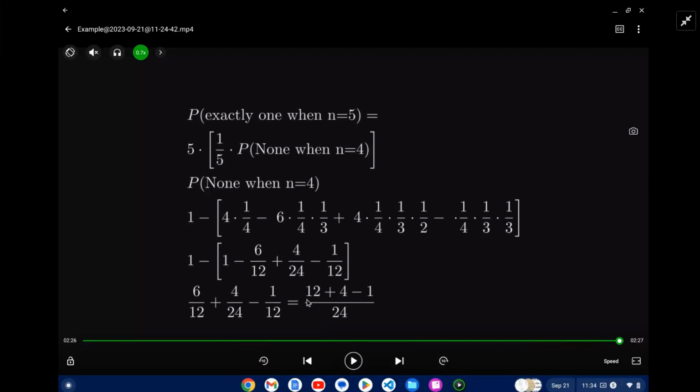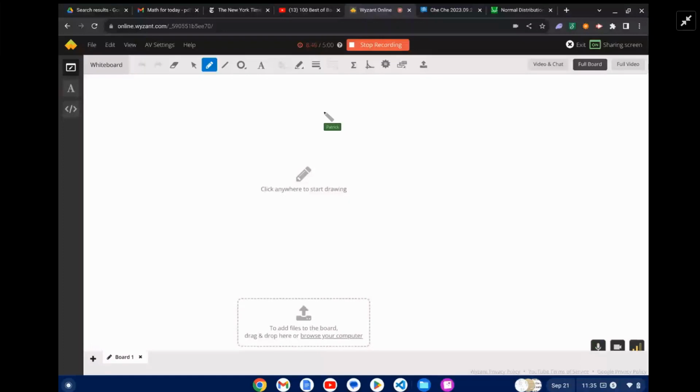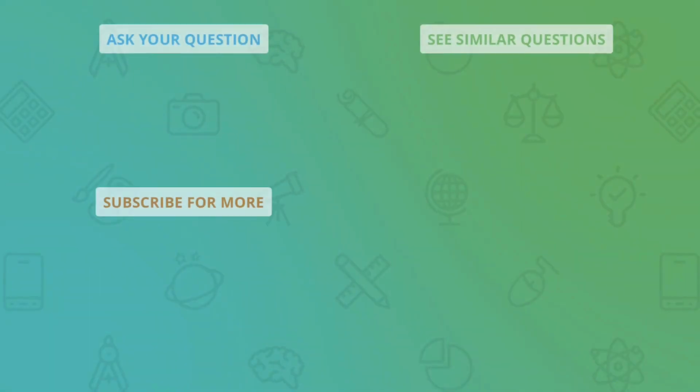But then I've got 12 and 4, and this is minus 1 over 24. So it's correct at the end. Anyway, that was pretty quick for a relatively difficult problem, and hopefully it helped.